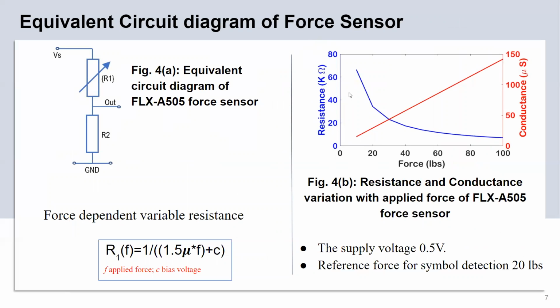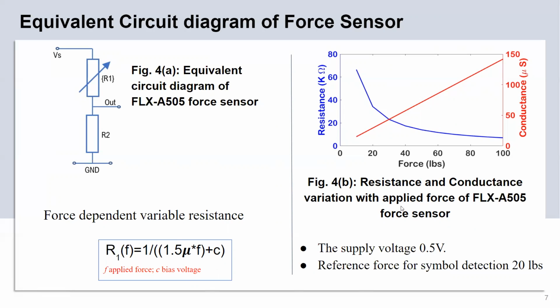For the force sensor, for SPICE simulation, we used an equivalent circuit of the FLX A505 force sensor, which is shown in figure 4A. The force dependent variable resistance is modeled as R1 of F equal to 1 by (1.5 micro times force plus C), where F is the applied force and C is the bias voltage.